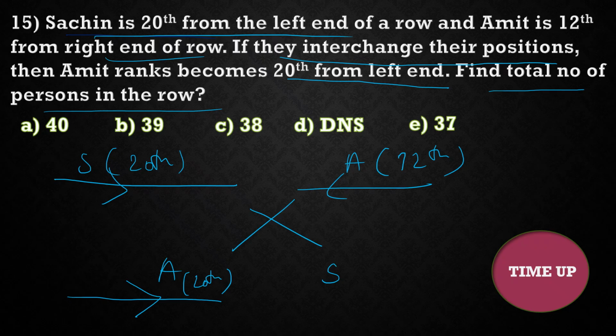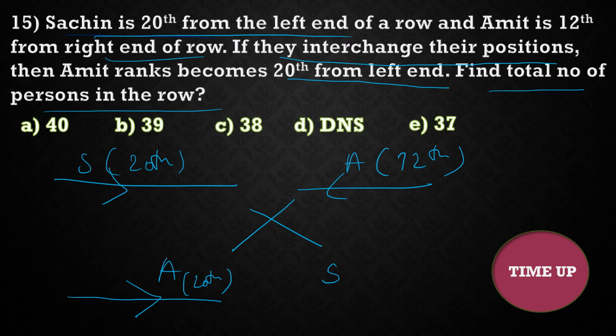So what answer did you get, students? What you did: you found out the total using the maximum information given. I hope you have done like that. 20 plus 20 minus 1 you will do and you will go for the correct option 39. Is that true?